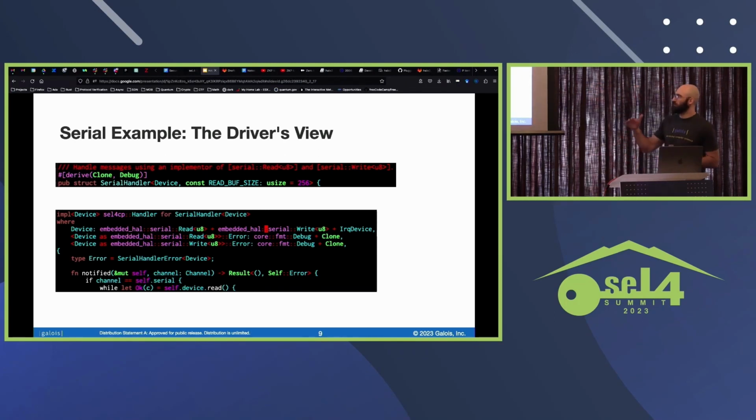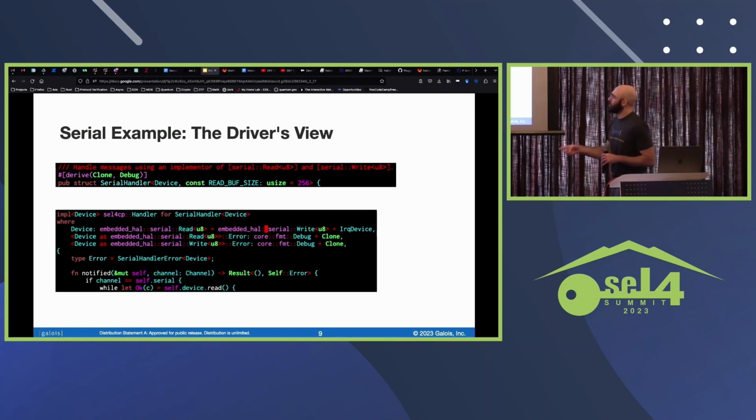I feel like I should have had a slide on this. I guess Nick already did, sort of, the way you implement a component in MicroKit, or at least one way, is to have this protection domain's init function, which returns a handler, and the handler implements this handler trait, which tells it how to handle protected calls and notifications.